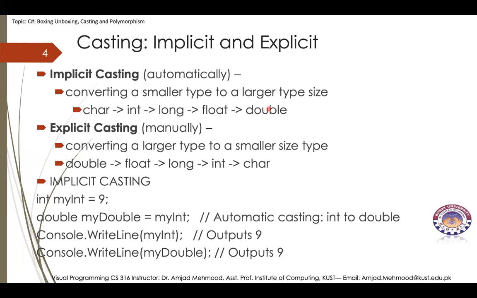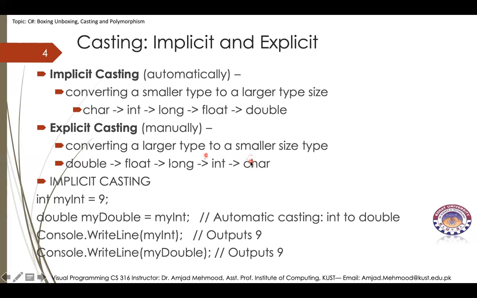I'll explain that with the help of an example. So here we have explicit casting, which is done manually. Why is it called explicit? Because in that kind of values, you normally have chances of loss of values. For example, if you want to assign double to float, or float to long, or long to integer, or integer to character.